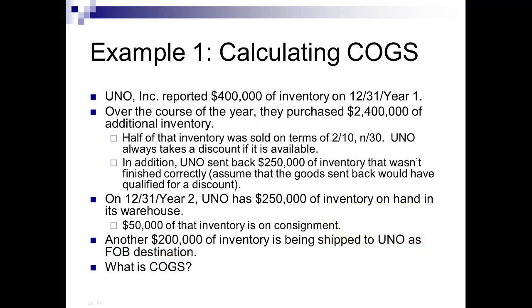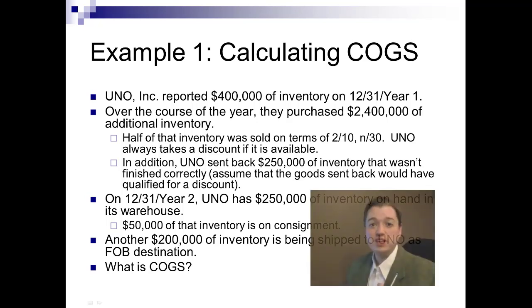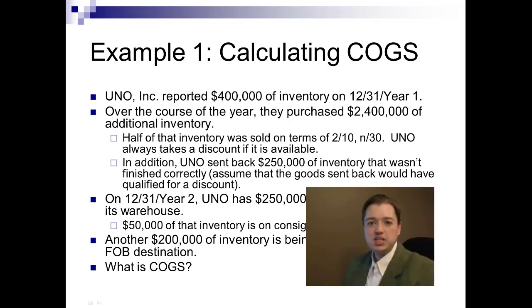With that kind of background on how important this is, let's take a look at how we calculate cost of goods sold. When we did it before, back in our discussion of the accounting cycle, we did it both as T accounts and journal entries and as an equation. We're going to focus on the equation now so that we can see again what it looks like in an income statement.